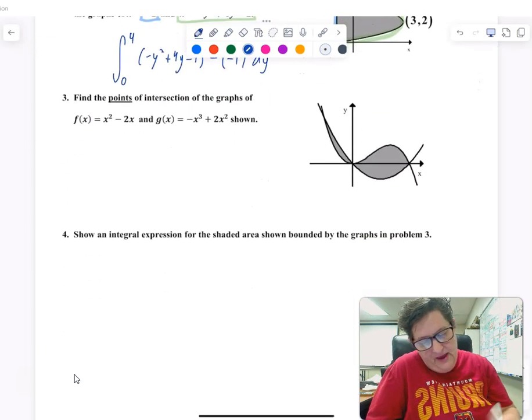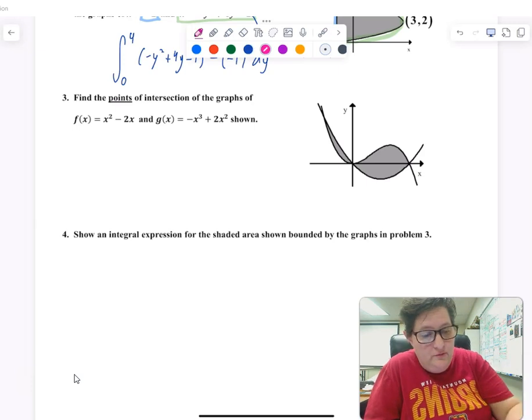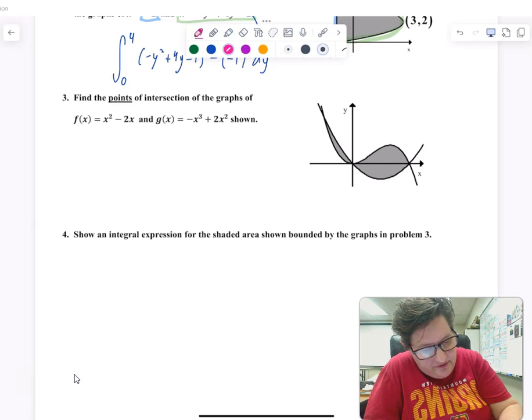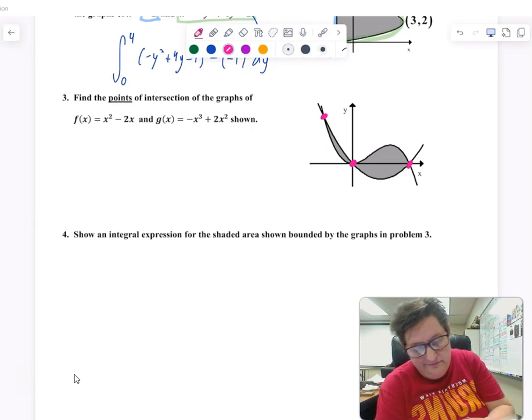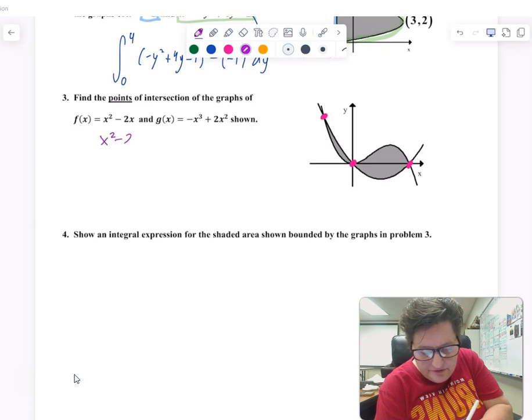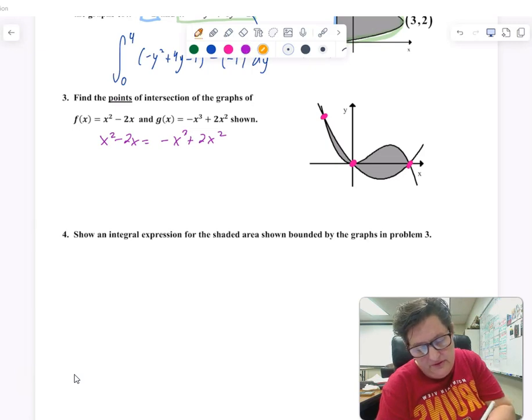Okay, next, if we're given a graph, or a couple of graphs, and we're asked to find intersection points, sometimes you can see them, but if not, you have to solve an equation here. And so what I'm going to do is set these equal to each other. You want to get everything on one side when you do this, okay?